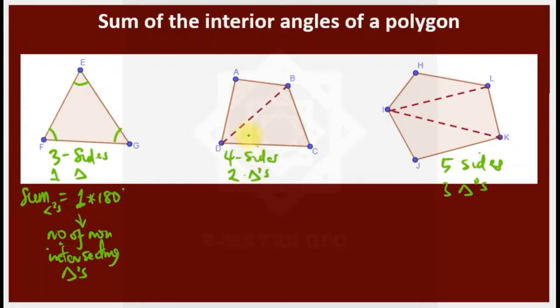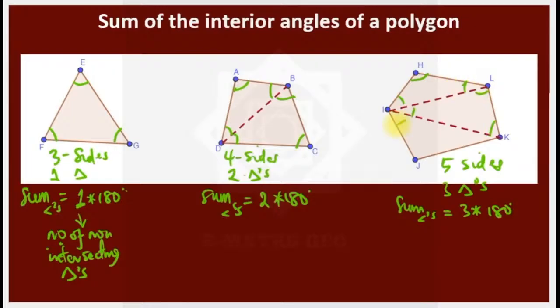So what of this? We have 2. This is 180, this is the second 180. So the sum of the interior angles will now be 2 times 180 degrees. Coming here, the sum of the interior angles is now 3 times 180 because we have 3 of them. This is 1, this is 2, and this is 3.